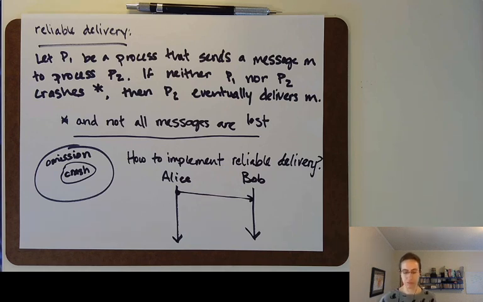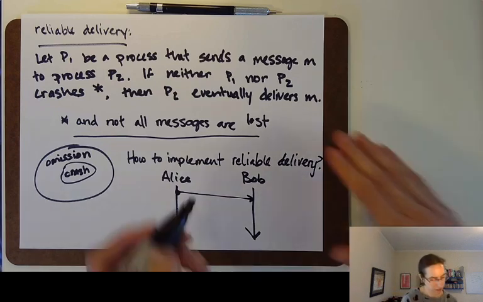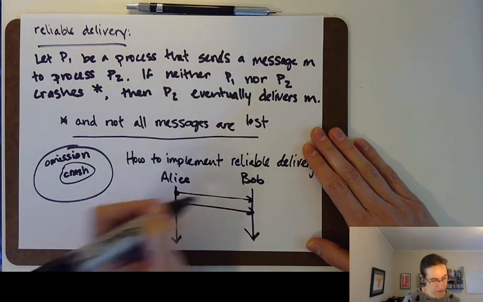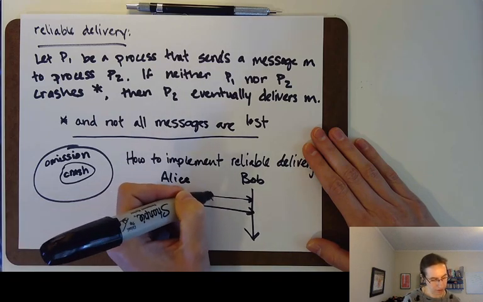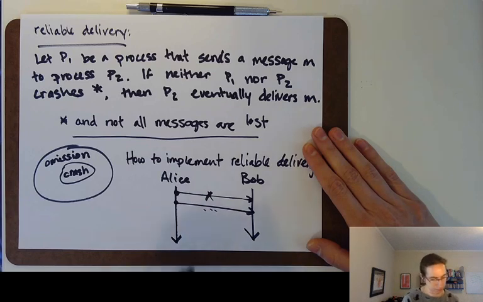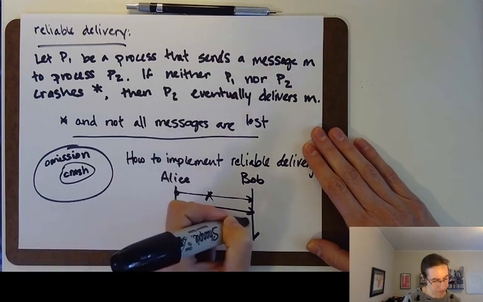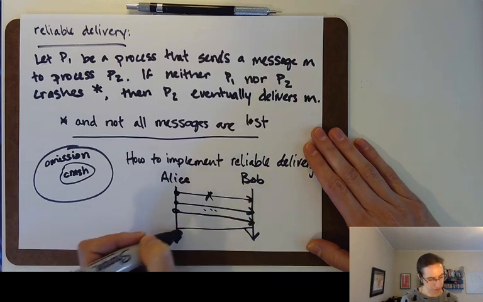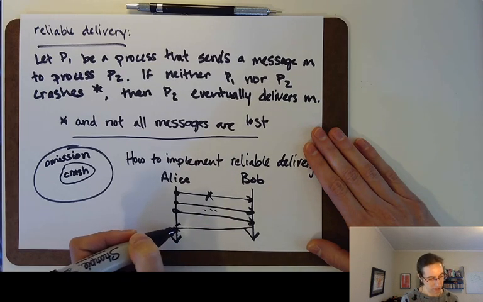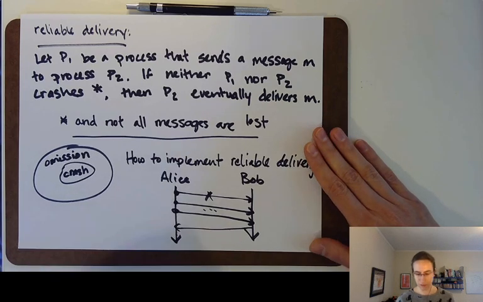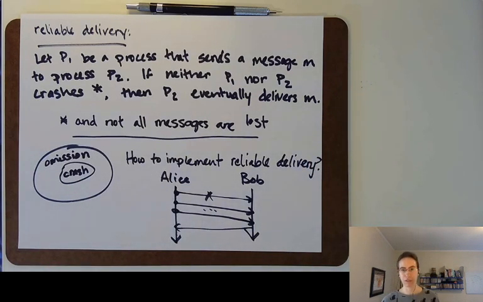But you don't delete it from the buffer yet. And then you just keep on sending the message, right? And then, maybe some of those are lost, maybe some of them are slow, whatever. But at some point, hopefully a message will get through. And then at that point, Bob will send an acknowledgement. And then if you receive the acknowledgement, then you can stop sending the message and delete that message from the send buffer.